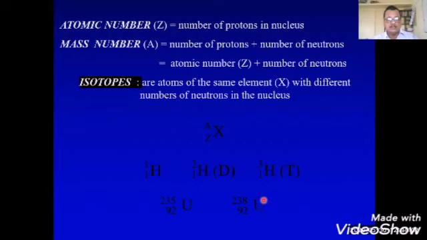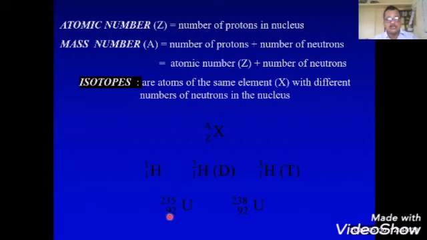Then again, these are the isotopes of uranium. So both are atoms of uranium. They have the same atomic number, but the mass number is different because they have different numbers of neutrons present in their nucleus. So since these are atoms, the atomic number is 92. That means the number of protons is 92.